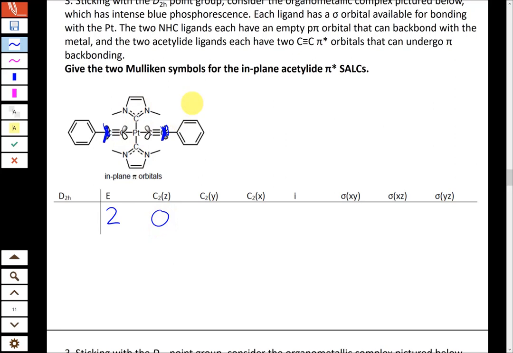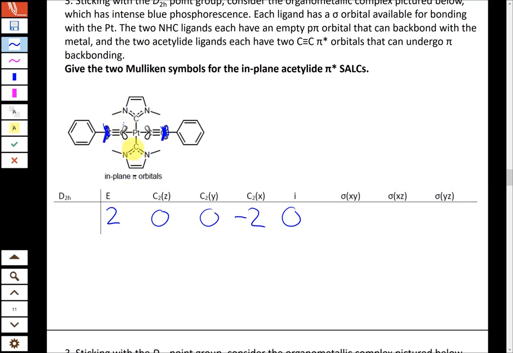C2y flips them both onto each other, so we get a character of 0. But now for C2x, because these orbitals are along the x direction, when we rotate about that, we're going to flip them over and change the signs. The shaded rotates onto the unshaded and vice versa, so we get a -2 for x. For inversion, they invert onto each other, so we get 0.